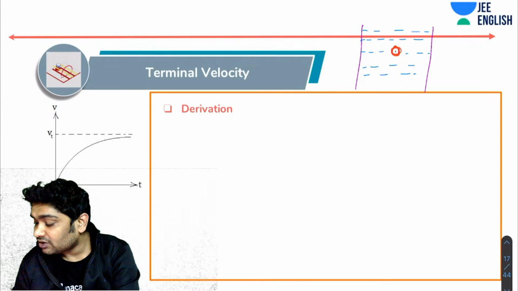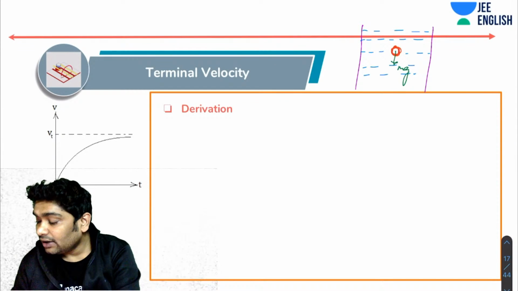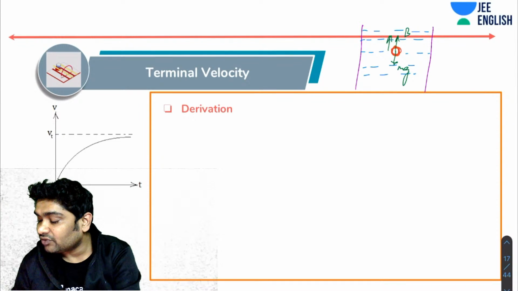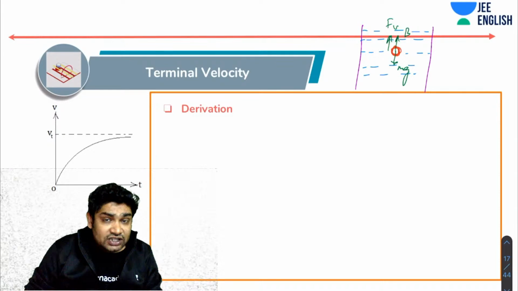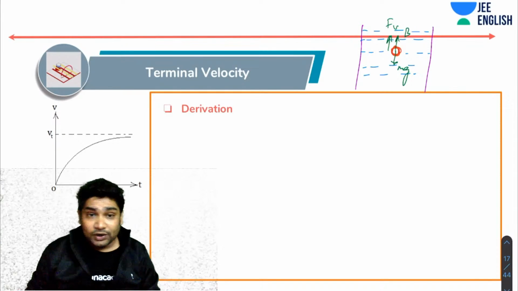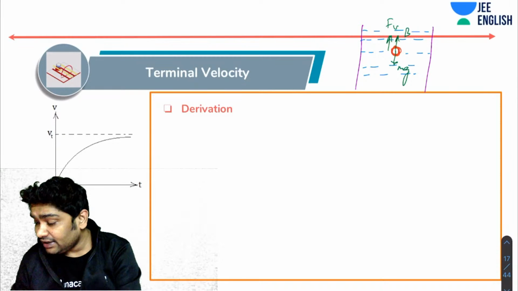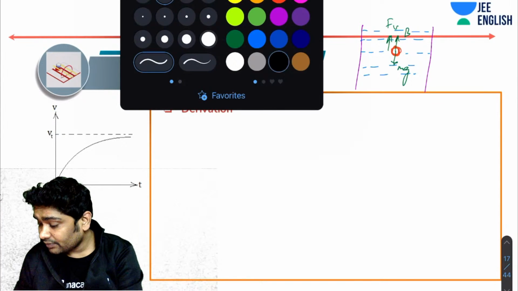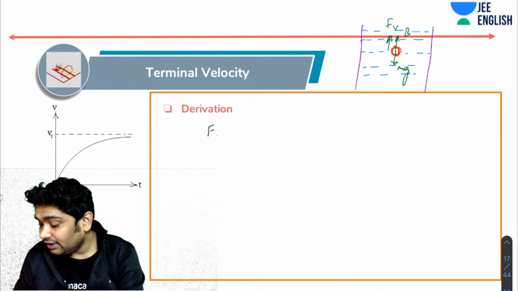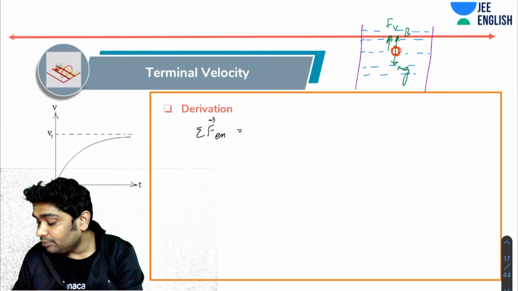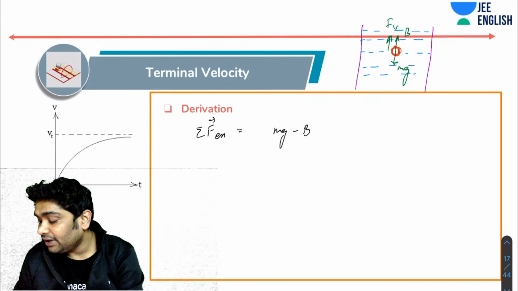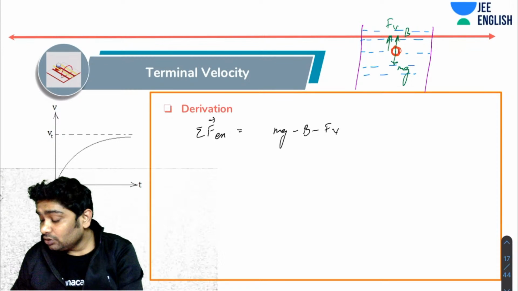It will experience some mg. It will also experience a buoyant force and a viscous force. Now mg and buoyant force are fixed, but the viscous force depends on the speed. So at any instant the net external force will be mg minus B minus F viscous.